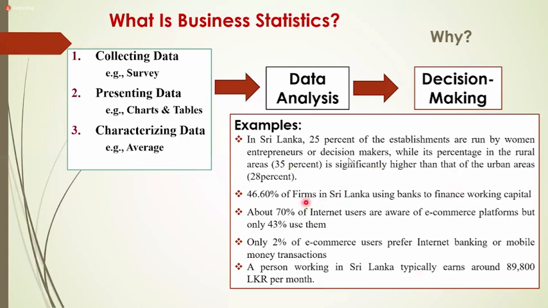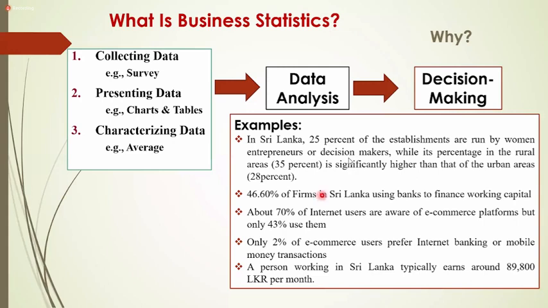So here, first we are selecting firms from each and every region. We are not considering all the firms. We are selecting some firms in each region, and then we are asking them questions: how are you financing your working capital?